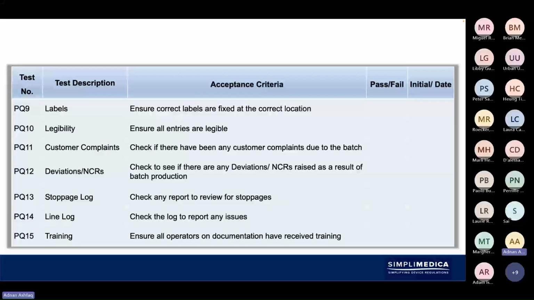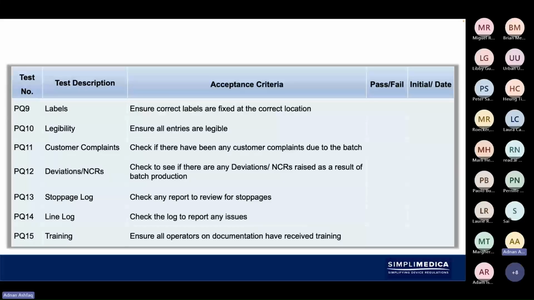You'd also be looking at things like labels, legibility of entries, customer complaints, that there may be something to do with the batch that you're actually doing a performance qualification on, because we don't just do performance qualifications for new equipment. You might actually be doing it because of a customer complaint, or you may, for instance, change something in an existing equipment that's already been validated and already been qualified.